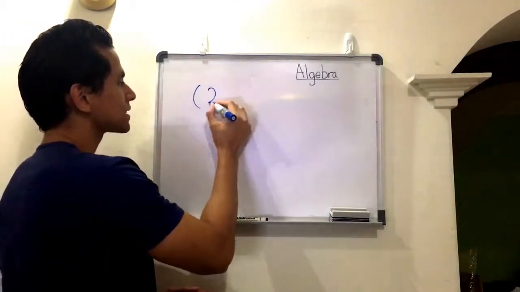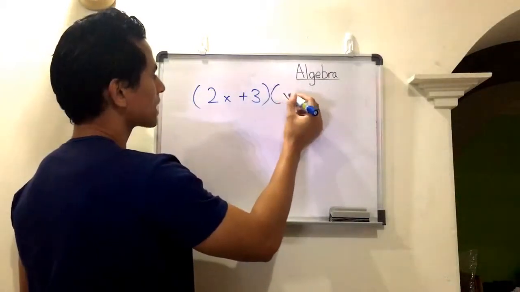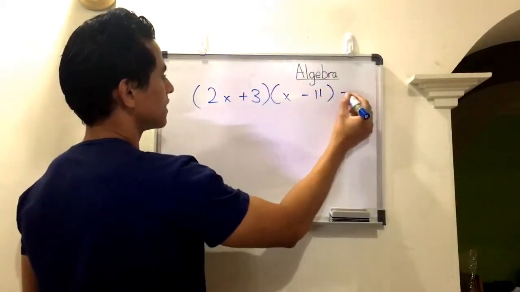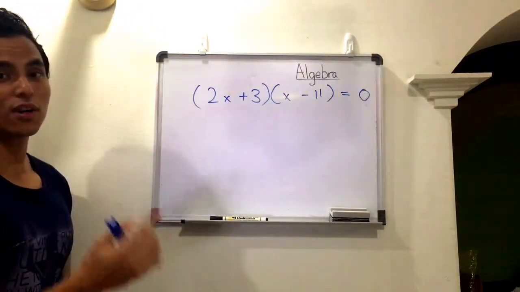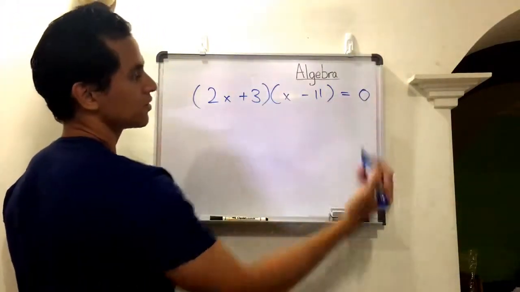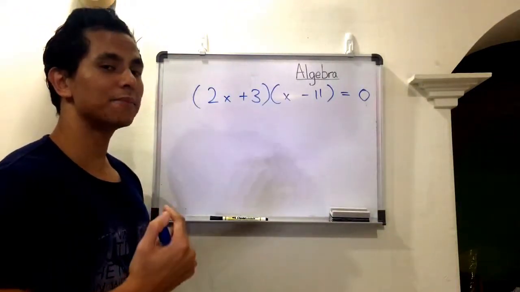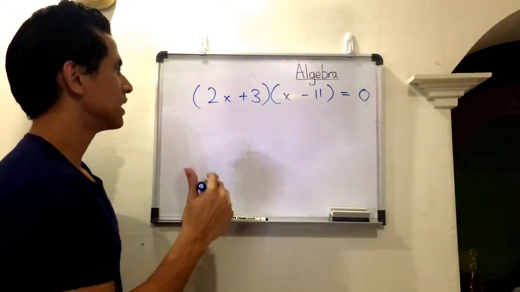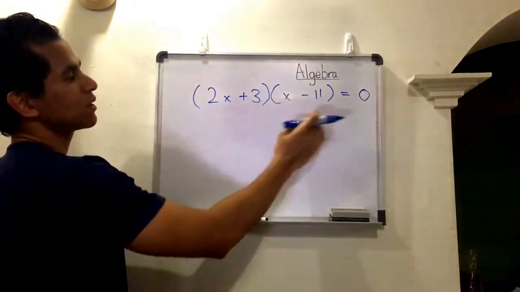So now, 2x plus 3 and x minus 11 equals 0. It's been factorized nicely for us, and again take note, this is 0. So we can use our same knowledge previously. This is our a, this is our b, equals 0. So a times b equals 0.